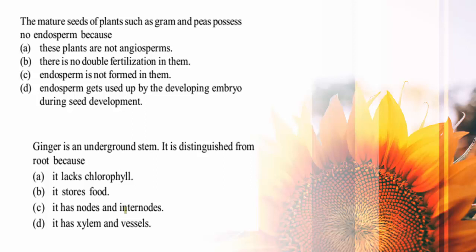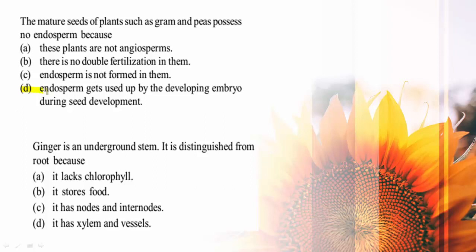What is the reason? Whether they are angiosperms or not, yes, they are belonging to the angiosperms, they are dicotyledons. There is double fertilization in all the angiosperms. The double fertilization occurs, even endosperm is also formed. Then why the seeds at maturity are without endosperm?